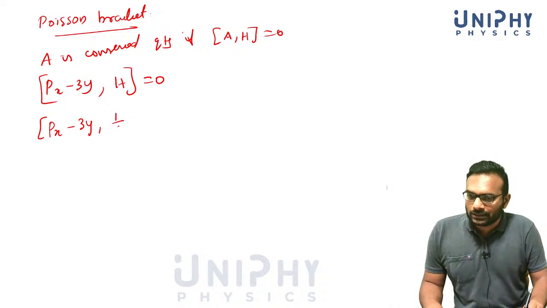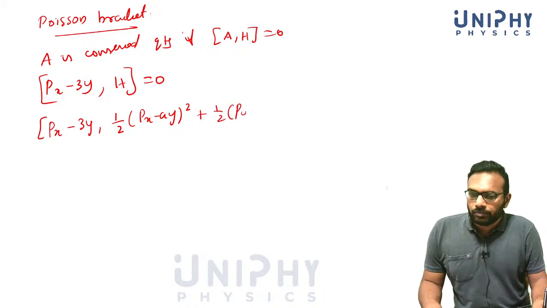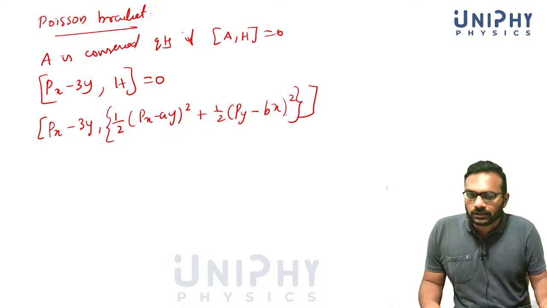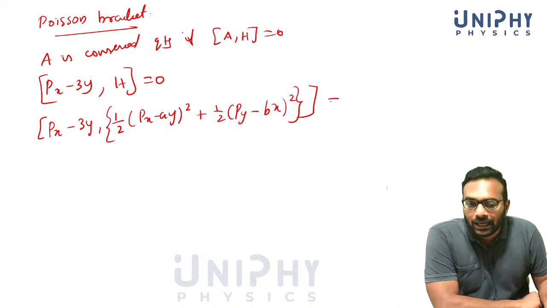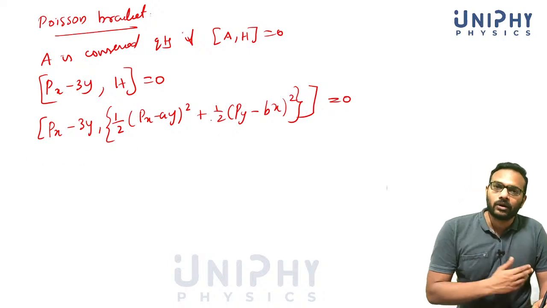H is half (px minus ay) square plus half (py minus bx) square. Just so that we don't confuse it, I'll put a curly bracket here. Now we demand that this is equal to 0, and that equation will give you the value of a or b.